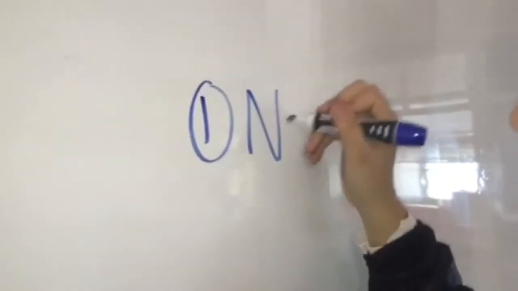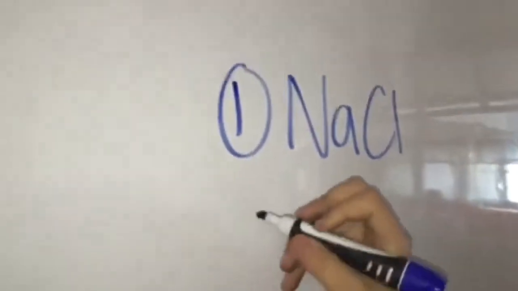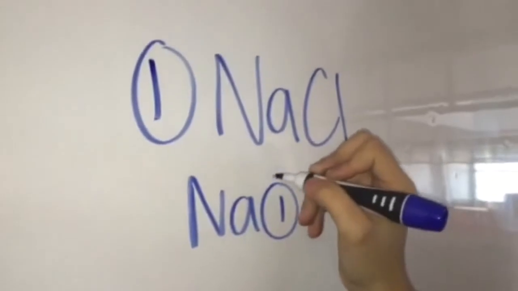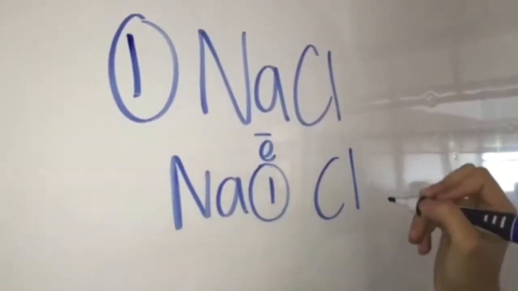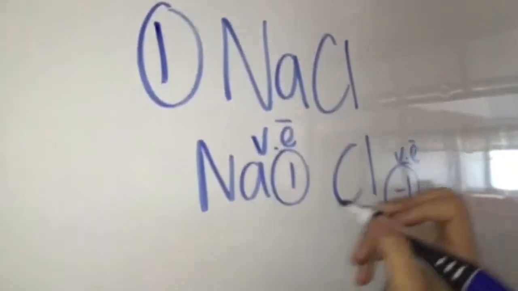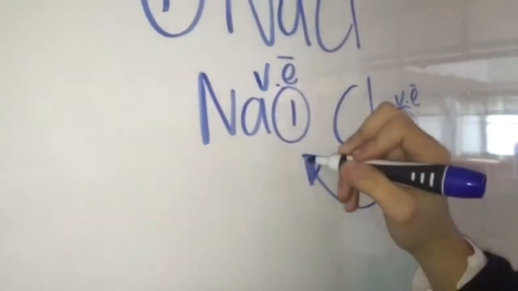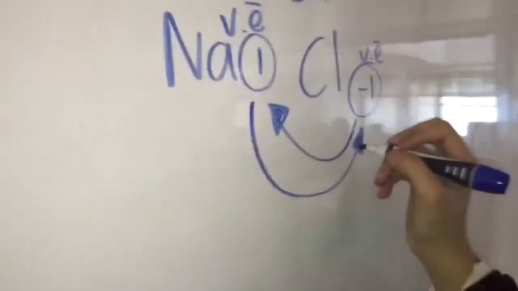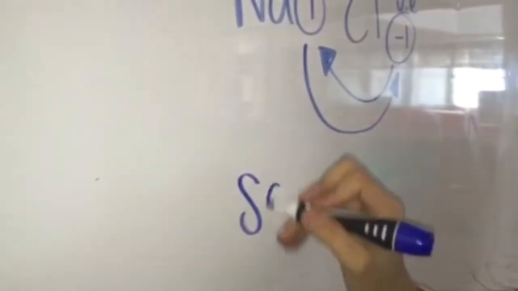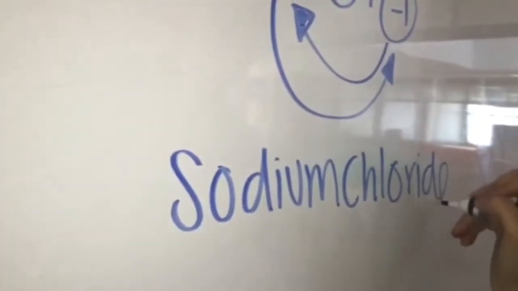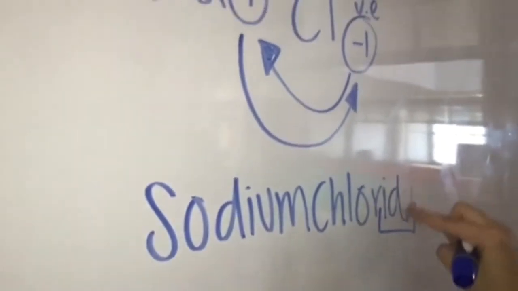Here you have sodium, Na, and Cl, chlorine. Sodium has 1 valence electron. Chlorine has -1. So when you exchange them, you have sodium 1 and chlorine 1, but the 1 doesn't count, so you can write sodium chloride, always with IDE.